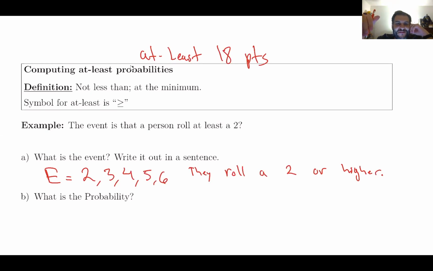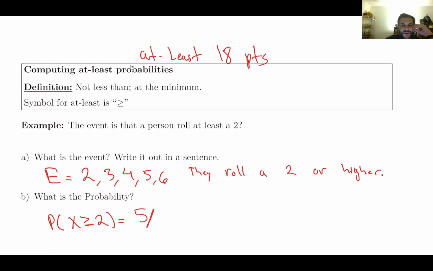For this one, we want to find the probability of getting at least a 2. So we want to find X greater than or equal to 2. How many total outcomes do we have that give me at least a 2? 5.